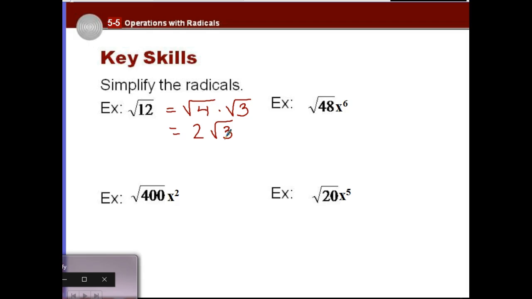48. What two numbers multiply to give me 48? Yeah, 6 and 8, but those aren't the best two numbers. They're okay numbers. There's even better. 2 and 24. Remember, we're looking for a high perfect square. So you're looking for 16 and 3.